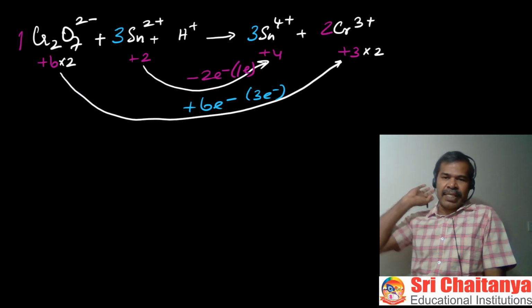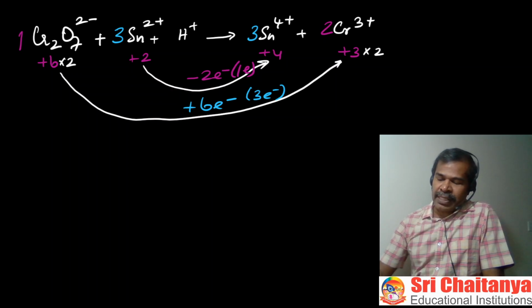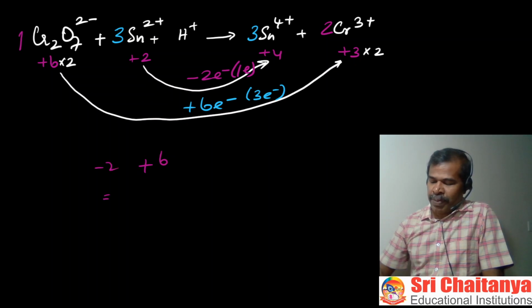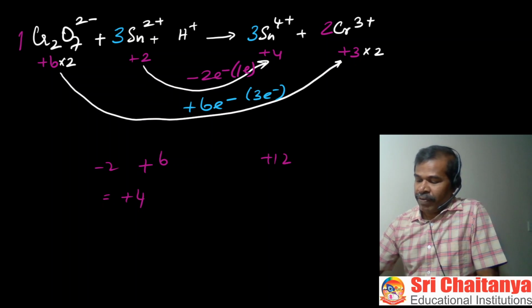So you put 2 here. Now balance the charges by adding H plus. The charge on the left side: 3 into 2, you got 6 plus, and 6 minus 2, so the charge is going to be plus 4 on the left side. On the right side we got 3 into 4, plus 12, plus 12 plus 6, you got 18.